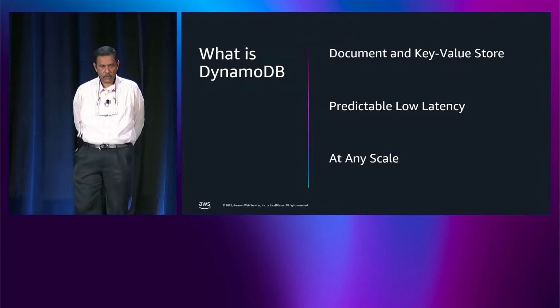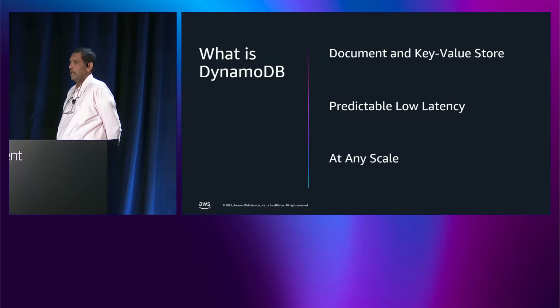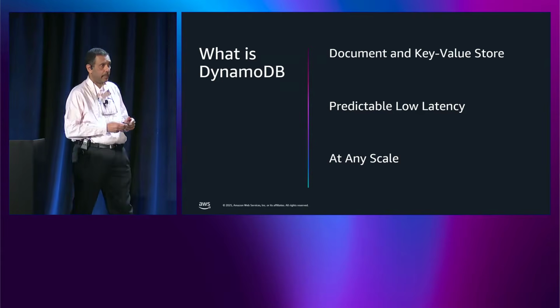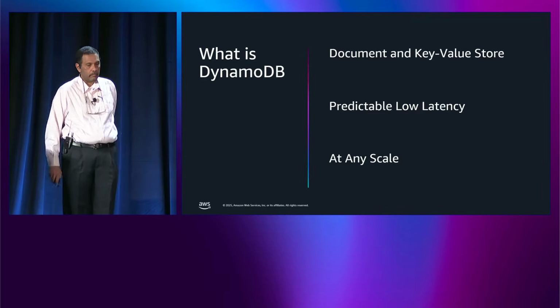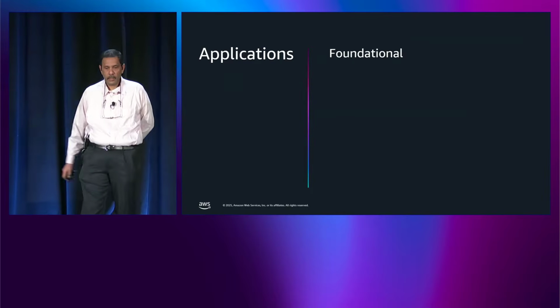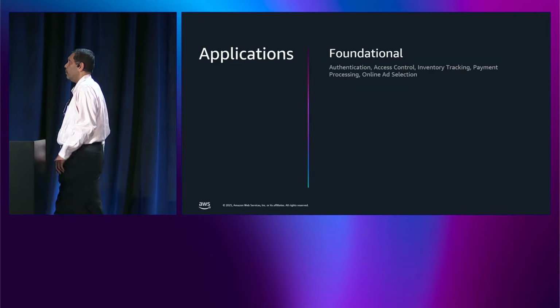So what is DynamoDB? It is a document and key value store, and the objective is that we give you predictable low latency at any scale, right? Think about those two things, predictable low latency and any scale. We typically see DynamoDB used in foundational services. What are foundational services?